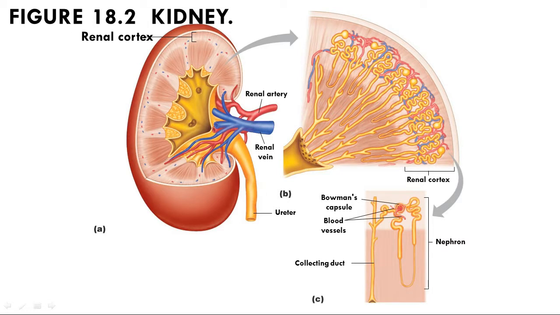The cortex looks, in this left image, like a kind of lighter area where you can see some blood vessels entering and exiting. If you look at the enlargement, the renal cortex is going to be the area where you're going to find the Bowman's capsule and the glomerular capillaries, and the convoluted tubules are located in the cortex.